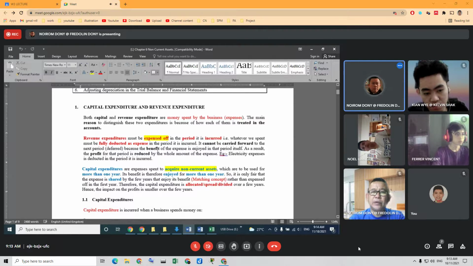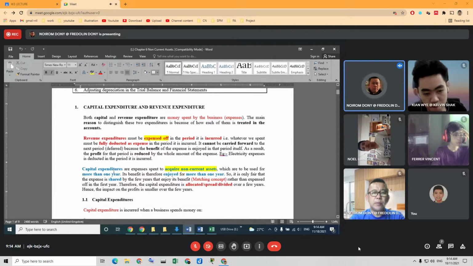The benefit is enjoyed in the period itself, so that's why we treat it as an expense. As a result, the profit for that period will be reduced by the whole amount of the expense. Remember the accounting concept we have learned: we have to match the revenue earned against the expenses incurred. So electricity expense is deducted in the period it is incurred. We are observing the matching concept.